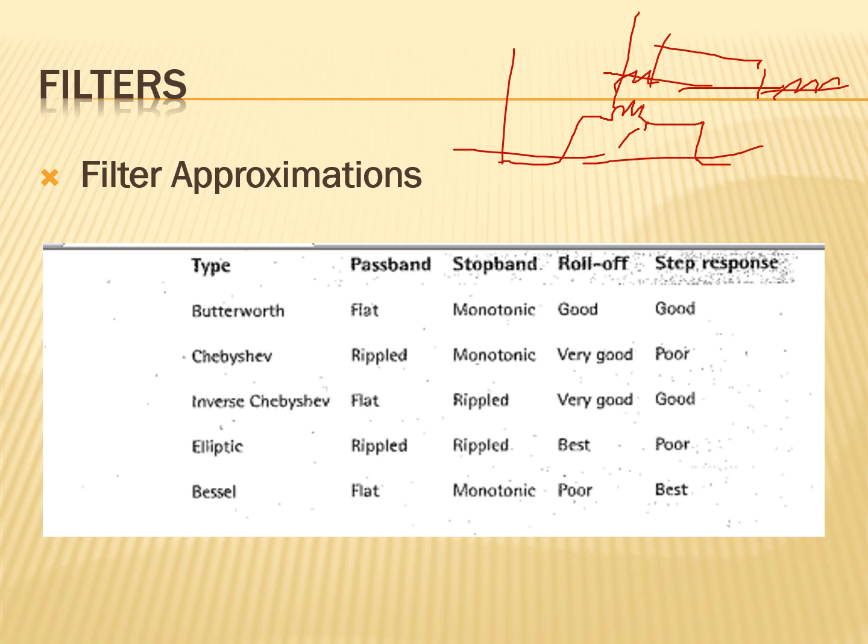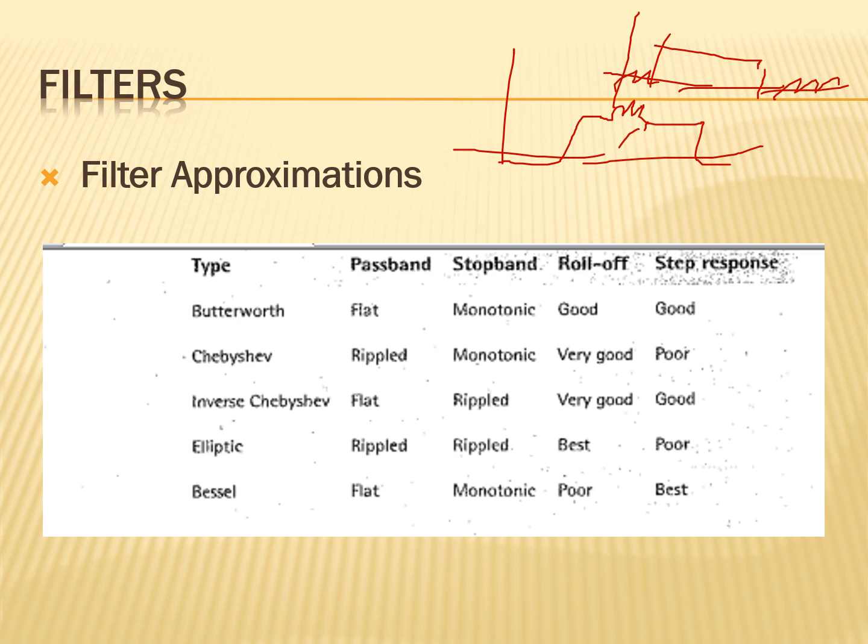Okay, so whether you need a flat pass band, whether you need a faster roll off. Of course, since this is a filter, we really want to have a faster roll off. Okay, so regarding the complexity, do we need a lower order or higher order? Is a rippled pass band acceptable? Or is the step response a very important consideration, and so on?